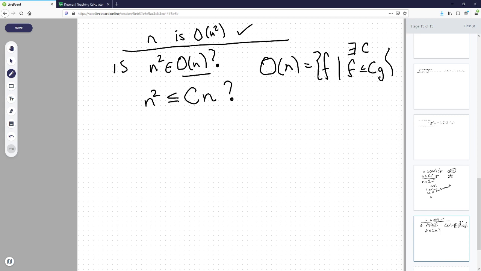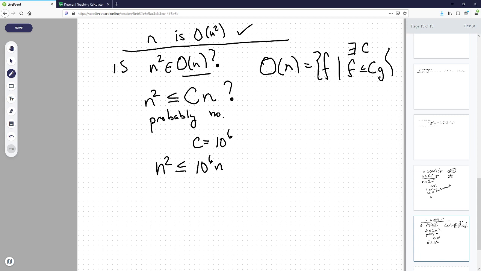And so the answer to this is probably not, right? Probably no. And the proof of this is that if you pick any constant c, let's just pick c equal to 1,000,000. Then n squared is not always going to be less than 1,000,000 times n.